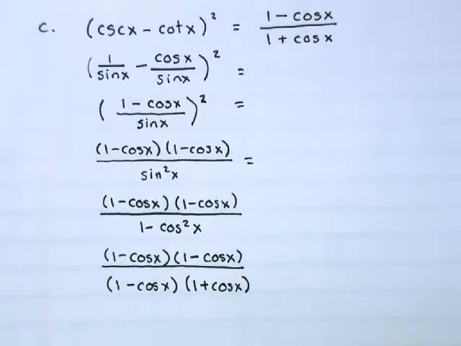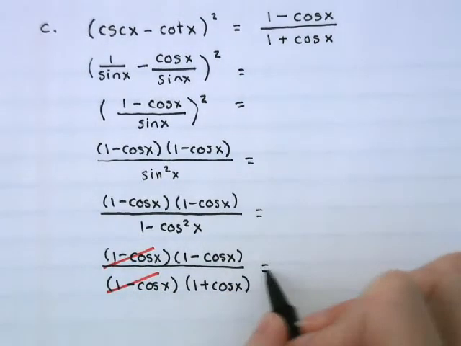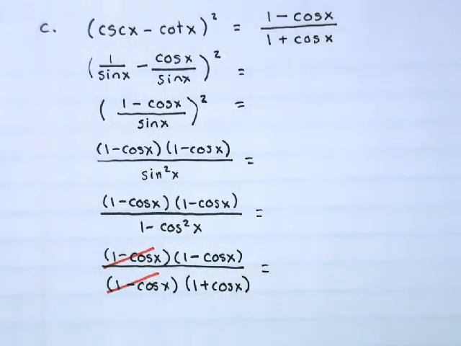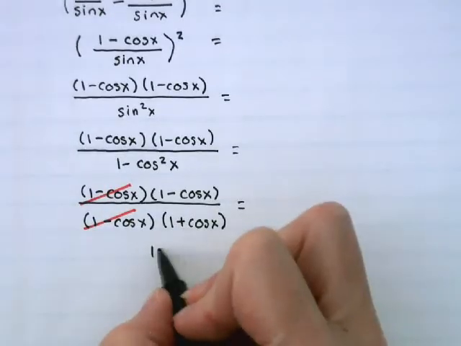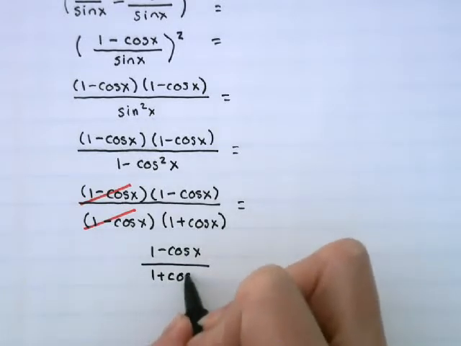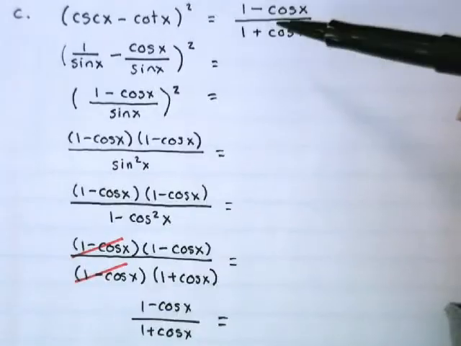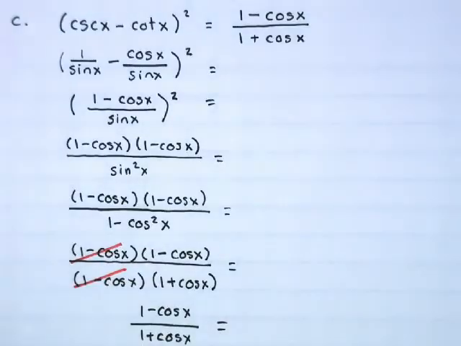Okay, well then it's pretty straightforward what we're going to do here. We've got a 1 minus cosine in both the top and the bottom, so we can eliminate those, which leaves me with what we are trying to get, 1 minus cosine over 1 plus cosine. So let's write that down. And we have verified that this is equal to this.